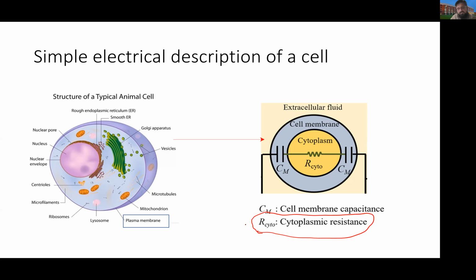An additional thing present other than the resistance is something called a capacitor. The membrane, which is the outer shell, acts like a capacitor. So there are two capacitors on each side of the resistor. If you don't know about the capacitor, it's fine. Basically, a capacitor is also an electrical component which is different from a resistor.